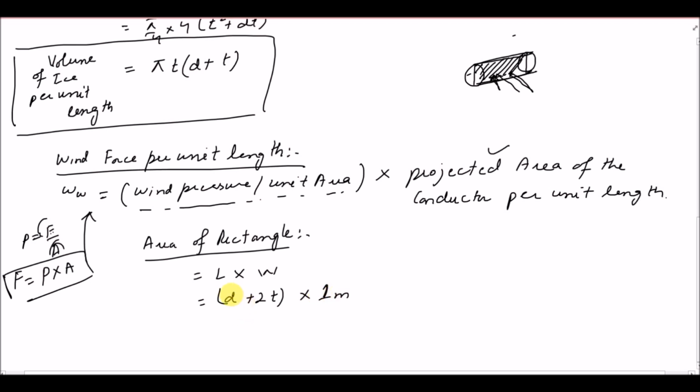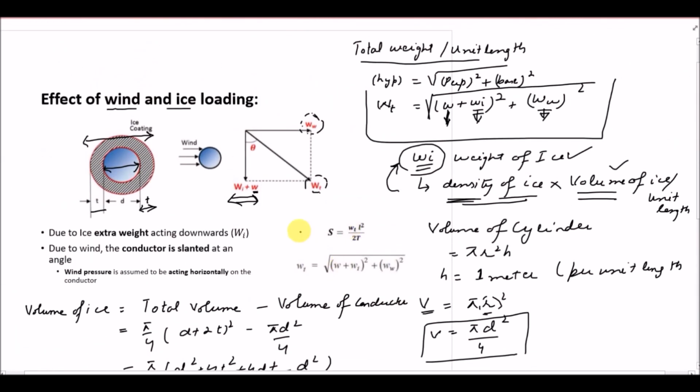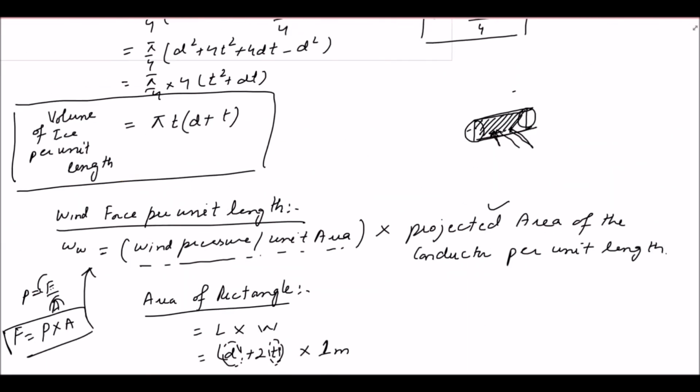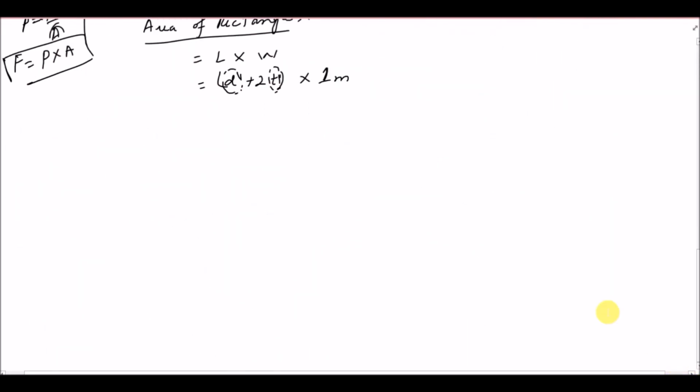and now d is the diameter of the conductor, and this t is the factor that is introduced by the ice loading. So we have 2 t's on either side of the conductor, so that's why I have taken the width equal to d, the diameter of the conductor, and 2t, that is introduced by the ice loading.